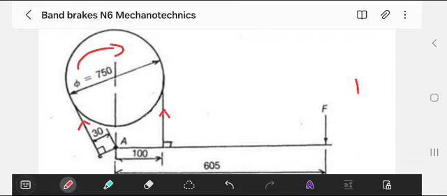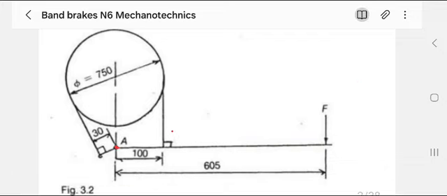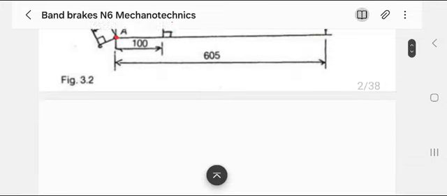If I rotate the drum like this, then T1 will be in this direction, and T2 will be opposing. You see, we'll discuss that. Then A is a pivot. This is just a beam, so we can break this structure into some beam stuff.